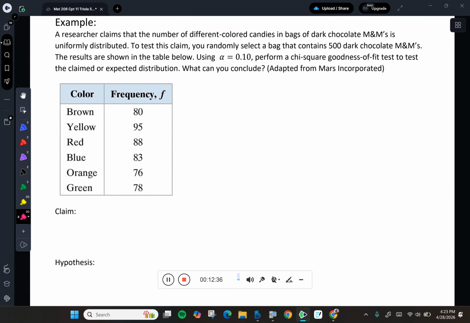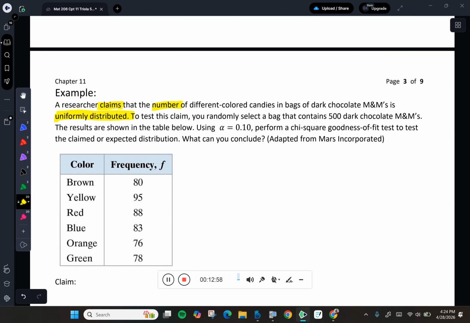A researcher claimed that the number of different colored candies in a bag of dark chocolate M&Ms is uniformly distributed. All right, so I'm going to stop right there because we've got a claim. The claim that the number or the frequency of the colored candies is uniformly distributed. What does uniformly distributed mean?